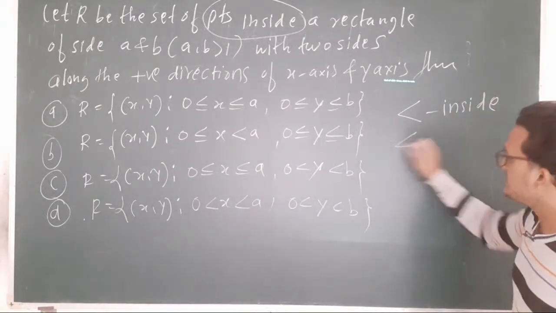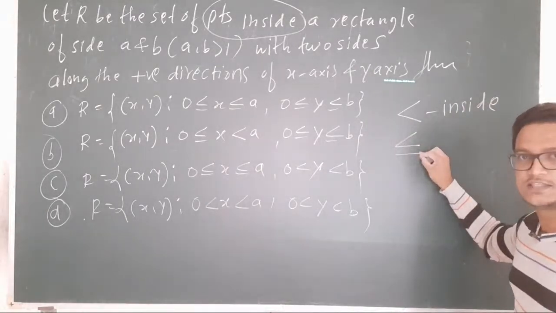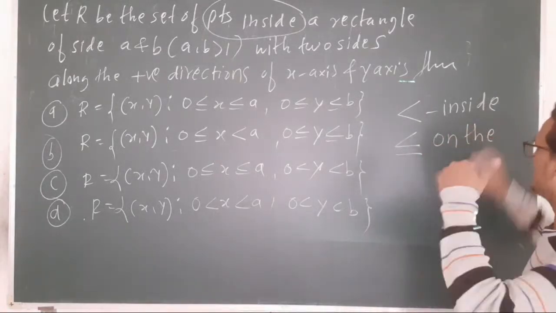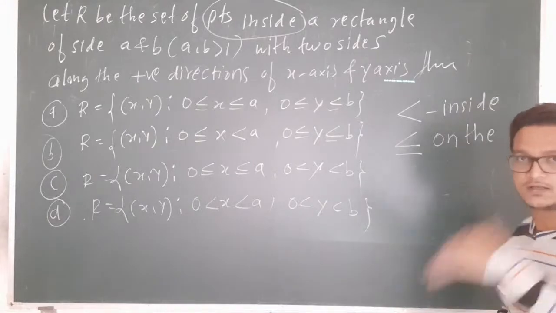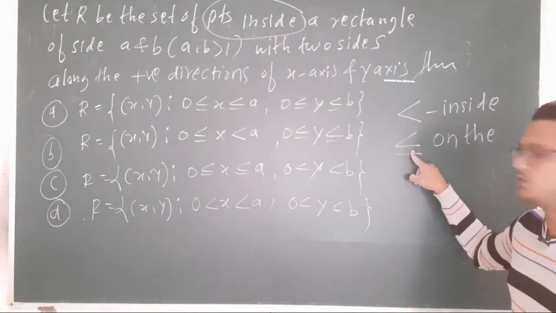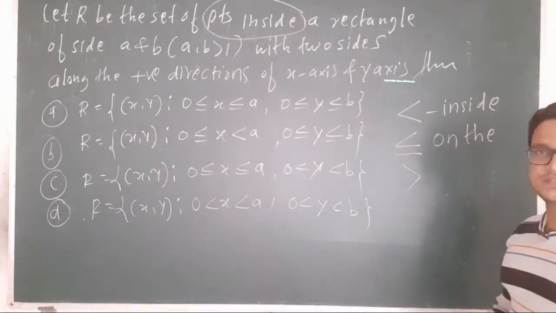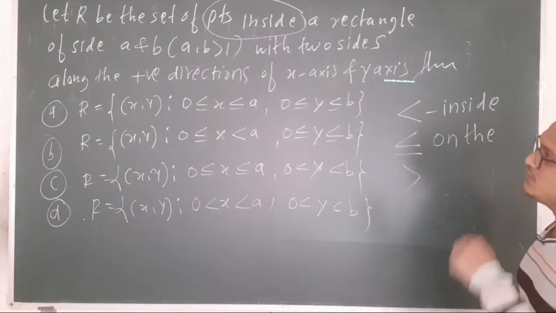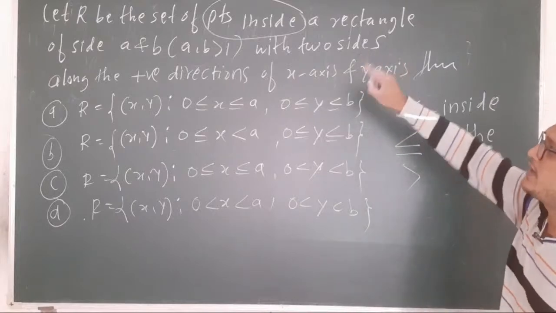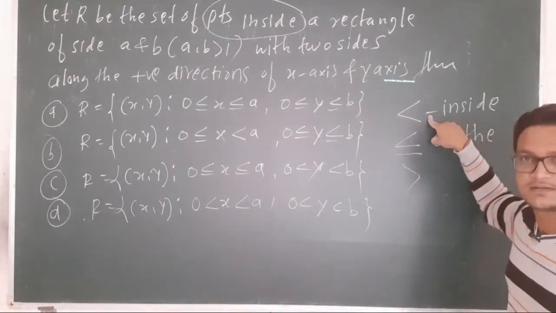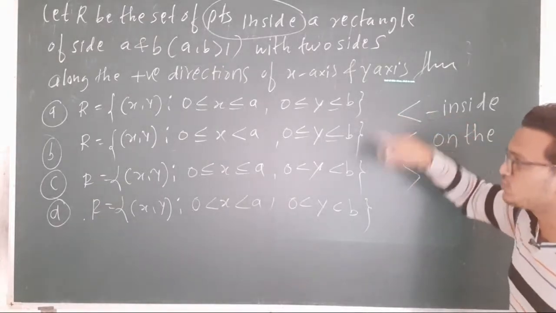If it is less than or equal to, it means on that curve, on the line. Greater than means, as usual, outside. So here, which word is used? The points inside a rectangle. So that means less than. So which option is going to be correct?